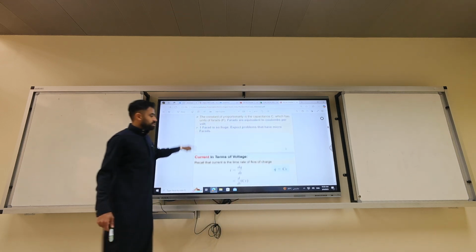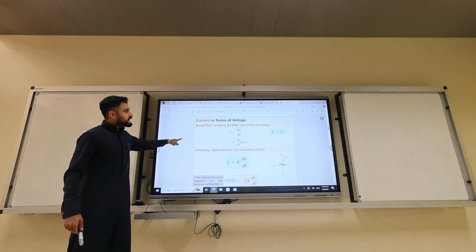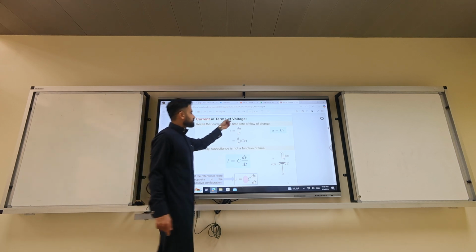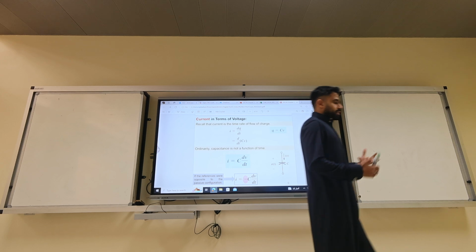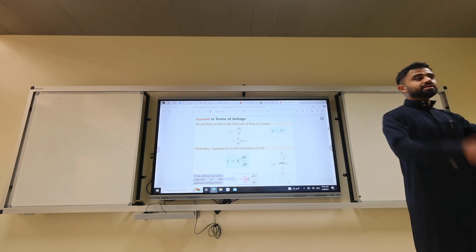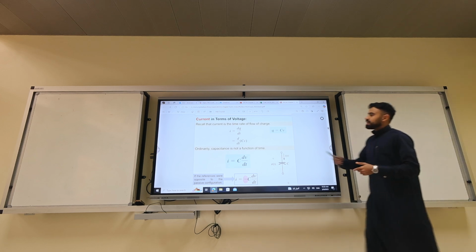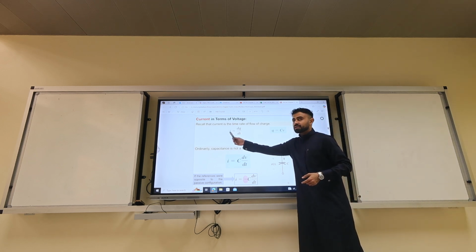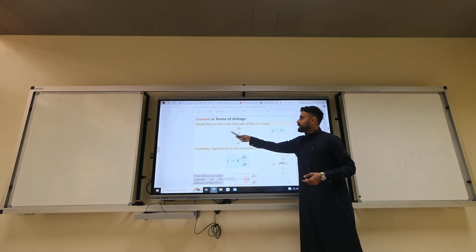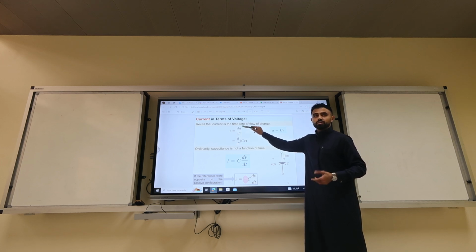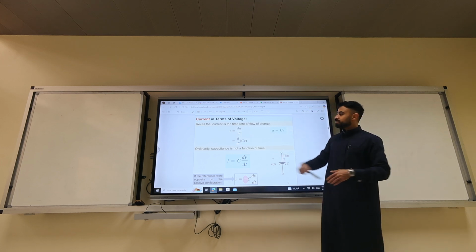Okay, any questions? Okay, there is another important equation. What happens to the current? Well, scientists in physics did some experiments and realized that the current that goes through a capacitor is related to the rate of change of charge, and this matches the definition.